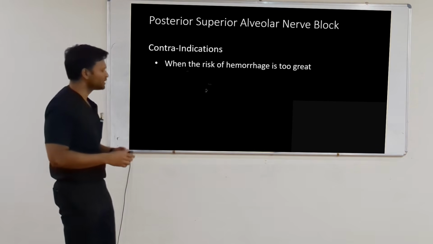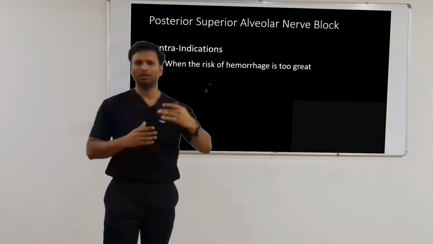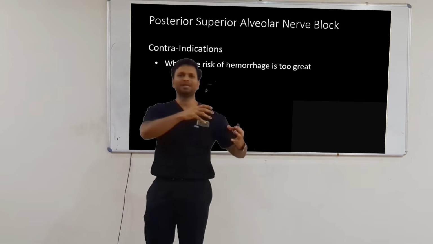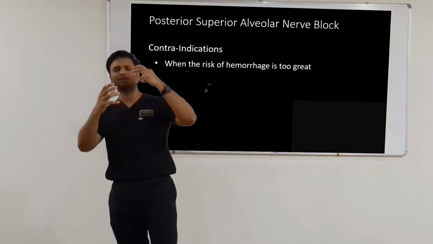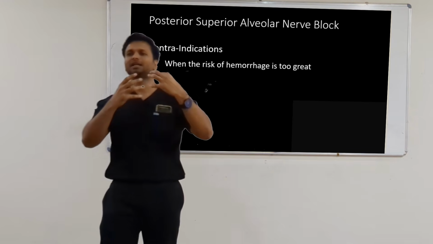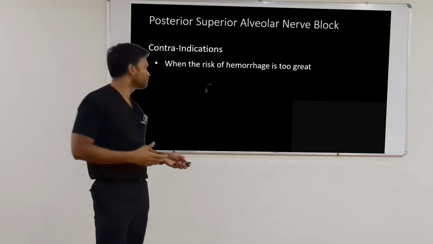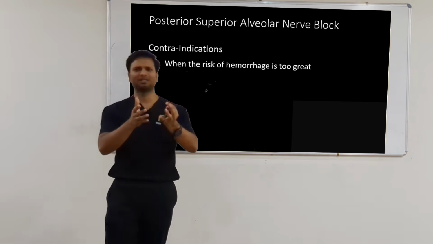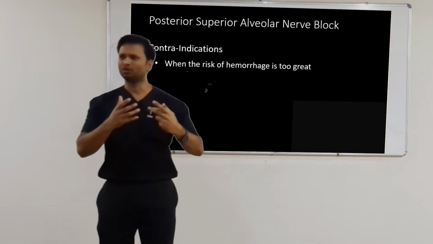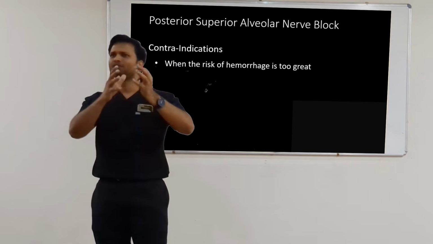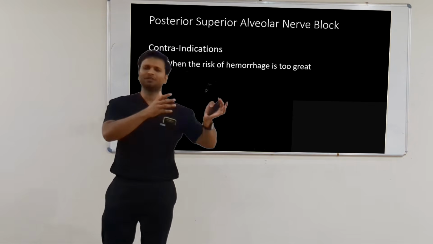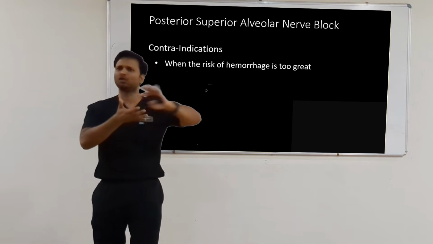The contraindication is when there is risk of hematoma. I told you in the diagrams that near the site of the PSA, we have the maxillary artery and the pterygoid plexus of veins. In a normal individual, if you puncture these blood vessels, you will see a hematoma. That is fine, because within a few minutes or hours it will stop increasing in size, and within 7 to 10 days, it resolves automatically.